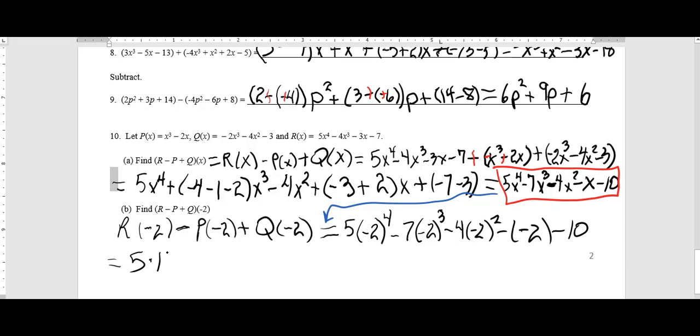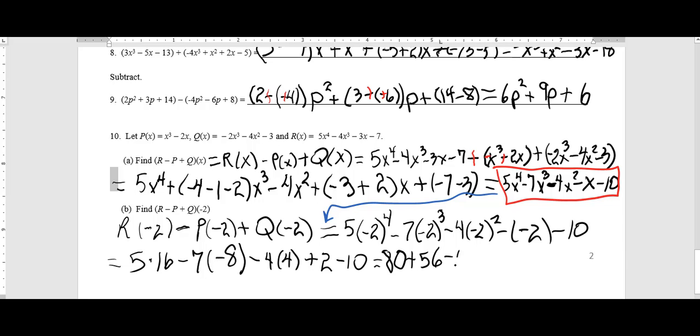And then I use the order of operations. First, I evaluate my exponents. -2 raised to the 4th power is 16. -2 cubed is -8. The square of -2 is +4. When I subtract a -2, that's the same as adding 2. Now I multiply. 5 times 16 is 80. -7 times -8 is +56. -4 times 4 is -16 plus 2 minus 10.